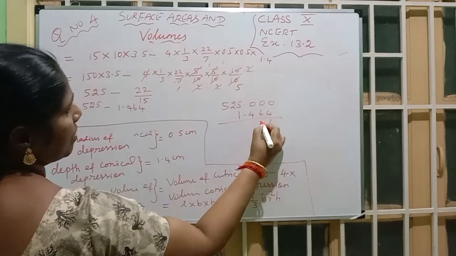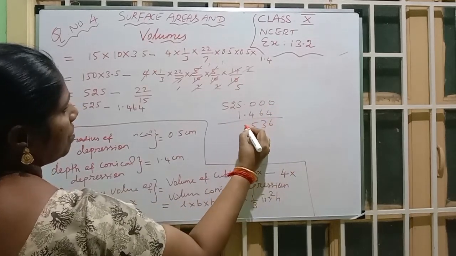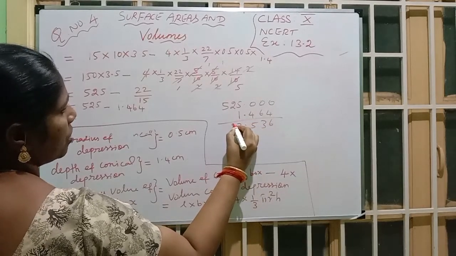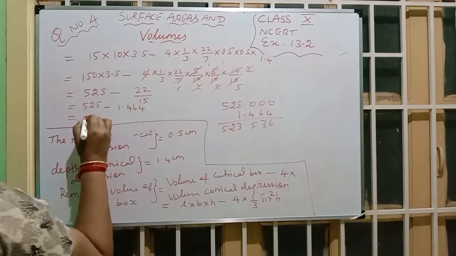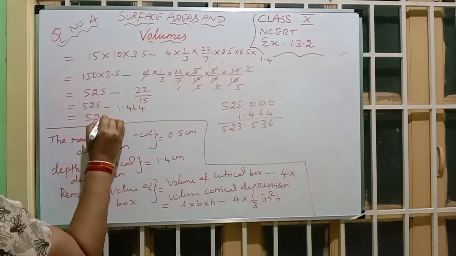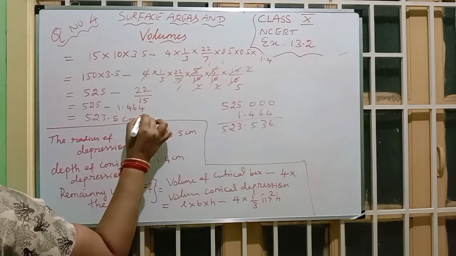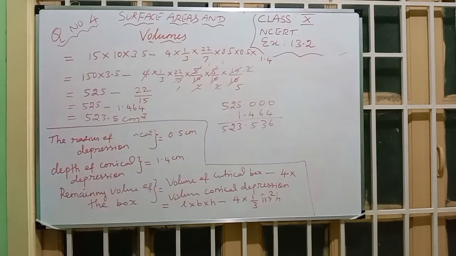So we get the result 523.5 centimeter cube. So the remaining volume of the box is equal to 523.5 centimeter cube.